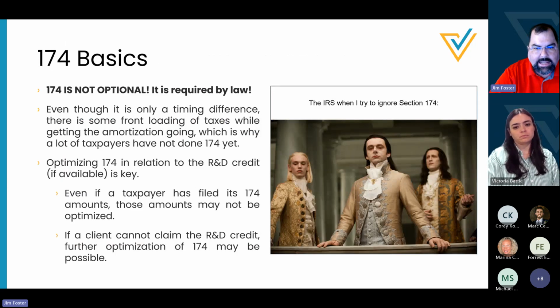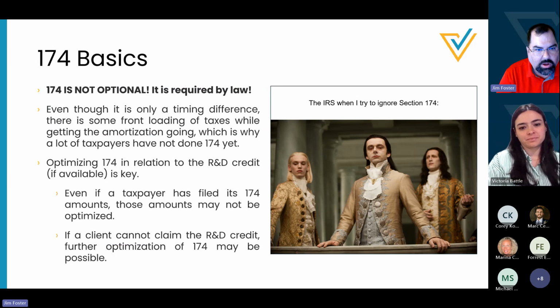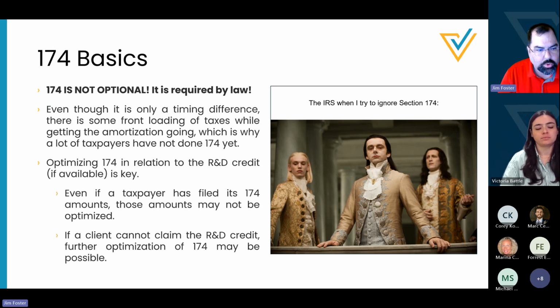But the one thing I need to drive home is 174 is not optional. It is required by law. Even though it's a timing difference, that front loading of taxes is very painful. So what you want to do is optimize 174 in relation to the R&D credit if you qualify for the credit, because remember, there are 3 additional hoops.